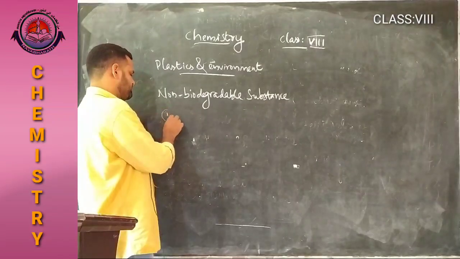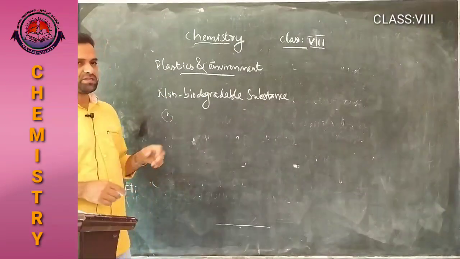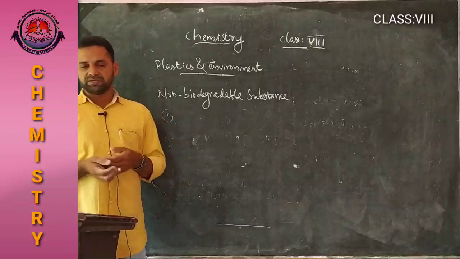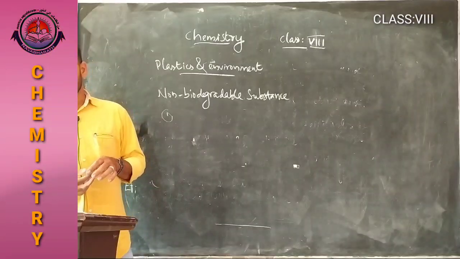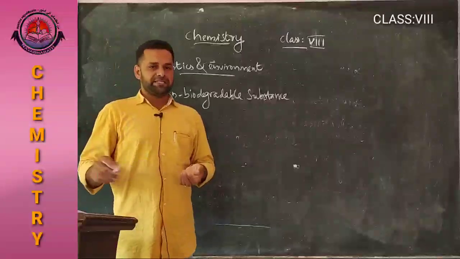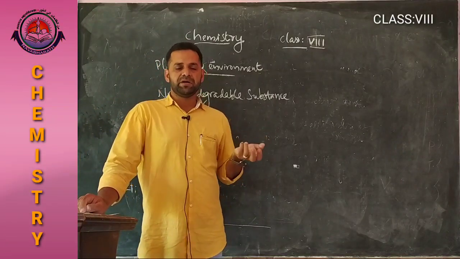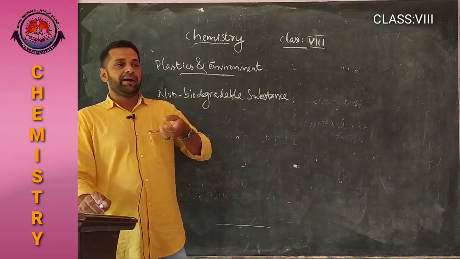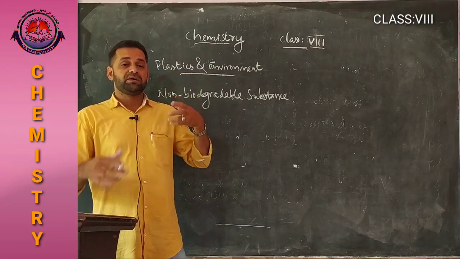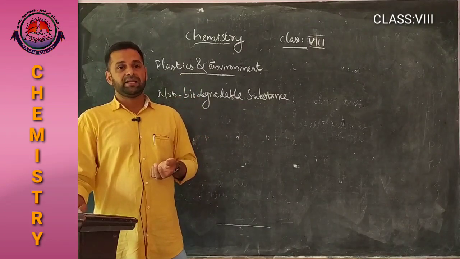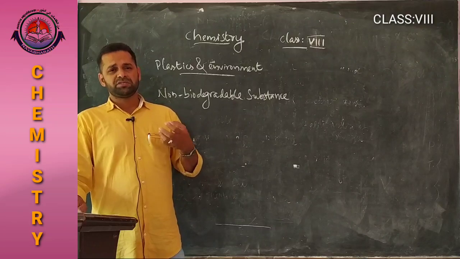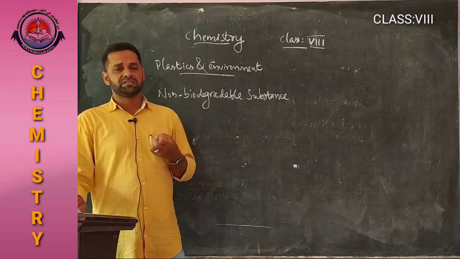The first one: we know that when we burn plastic, it does not undergo complete burning, and not only that, it may produce some toxic gases like dioxin. This dioxin is a very dangerous gas.